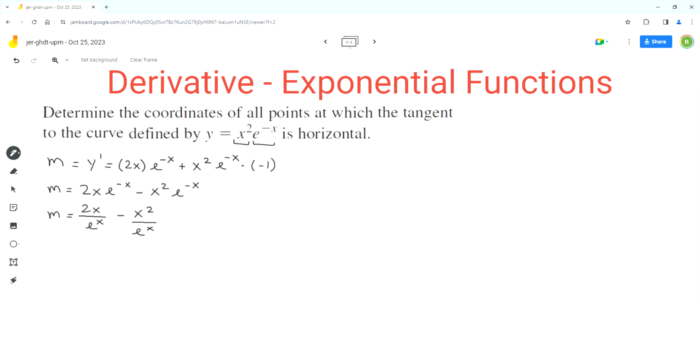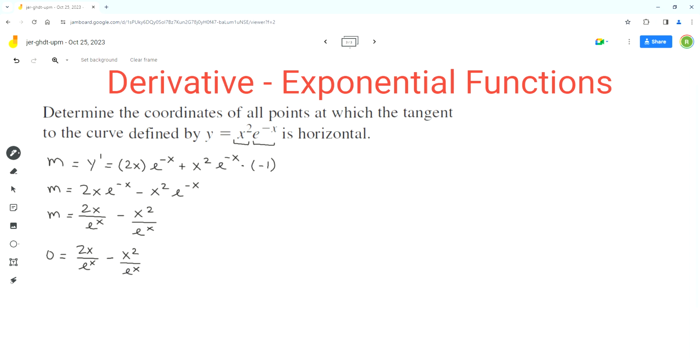Now we have to find the points at which the tangent is horizontal. That means the slope of the tangent should be equal to 0. So we'll sub in m as 0 in this equation. Now we have to solve this equation.